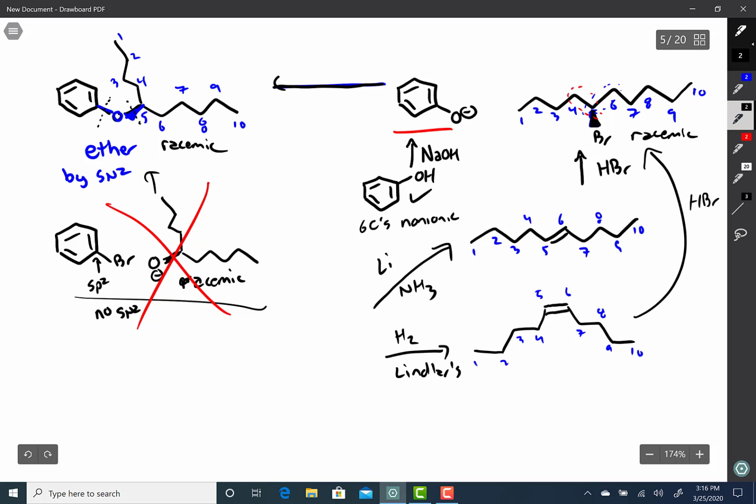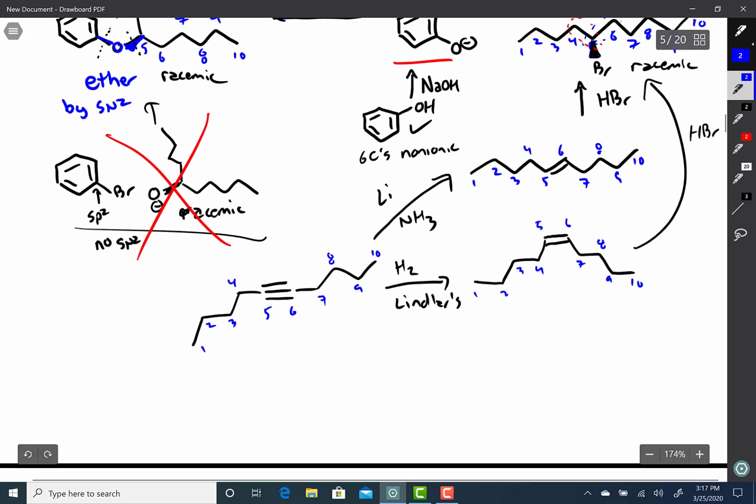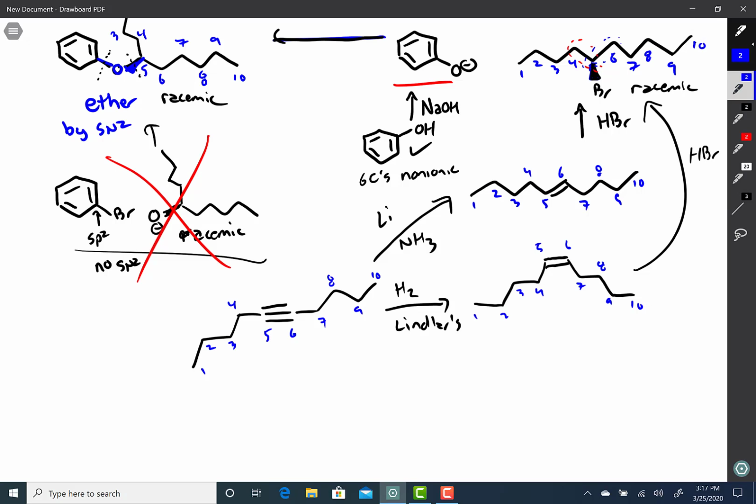But regardless which one you choose, the alkyne ends up being the same, with the alkyne being between carbons 5 and 6 because the alkene is between 5 and 6. And then we have to make that alkyne.